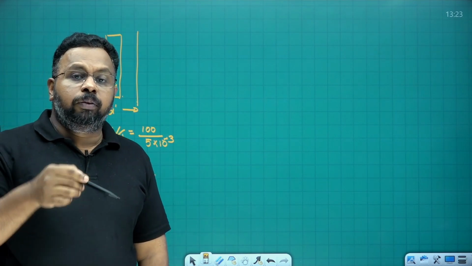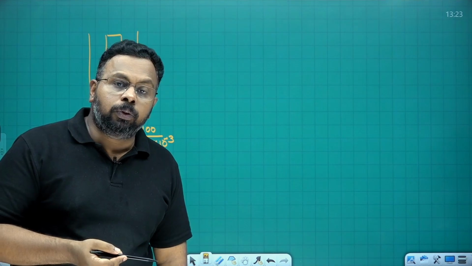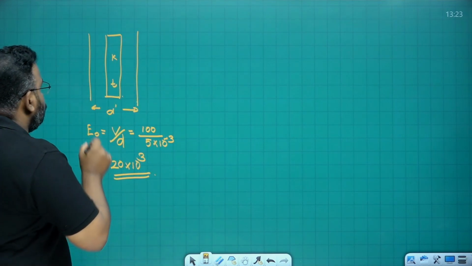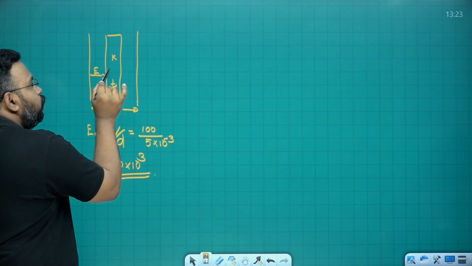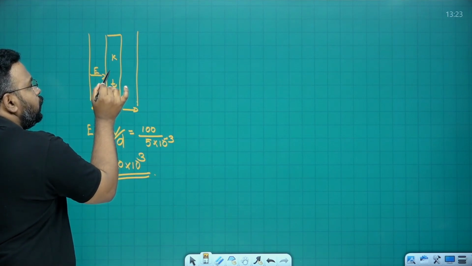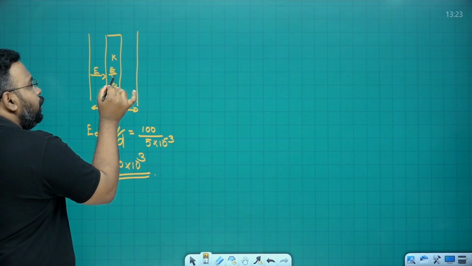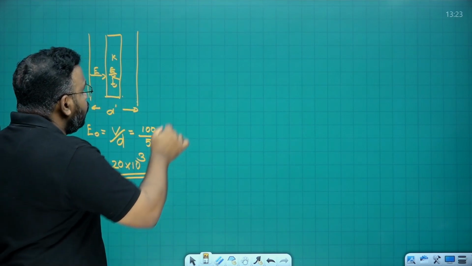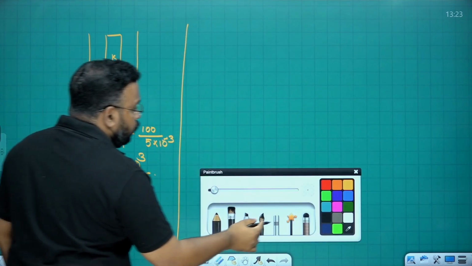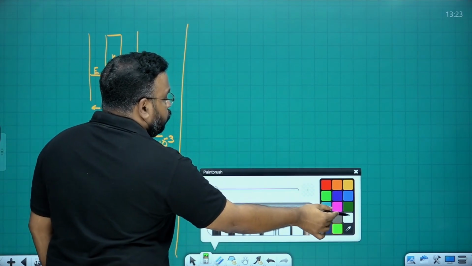Is it clear? We need to find the new electric field. So let us assume the new electric field over here as E. Our aim is to find E. Then what will be the electric field inside the dielectric? We know that it will be E by K. Then we can write the formula for potential.